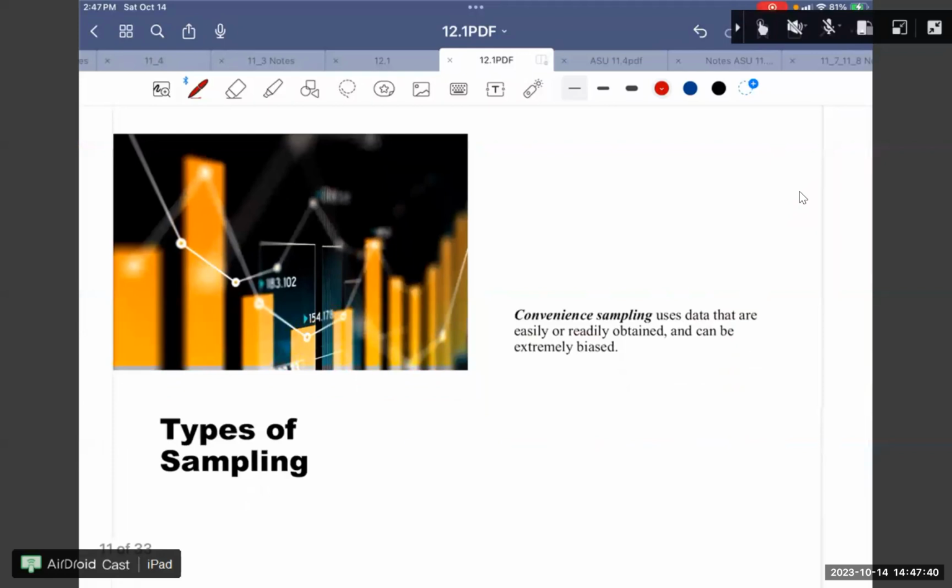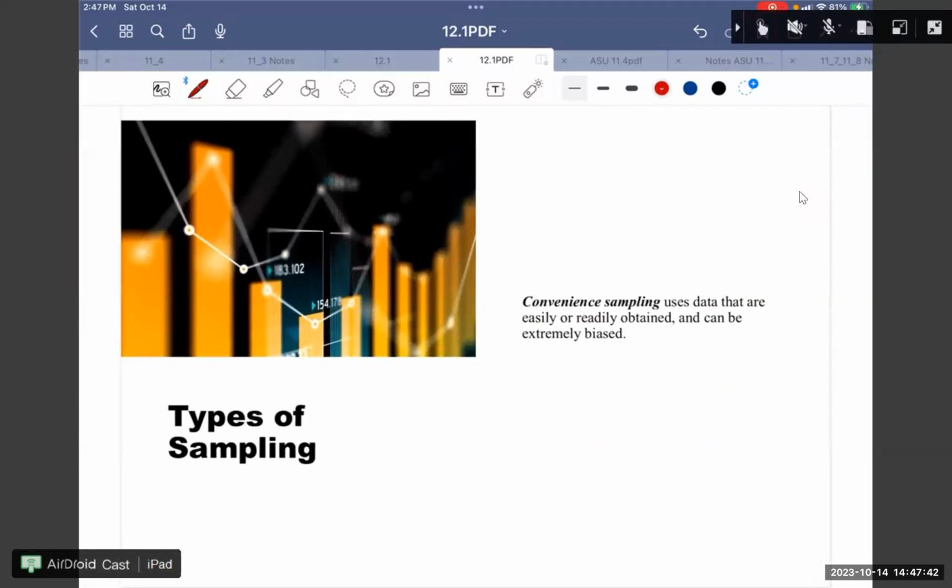Or we can have convenience sampling, which uses data that is easy to obtain.